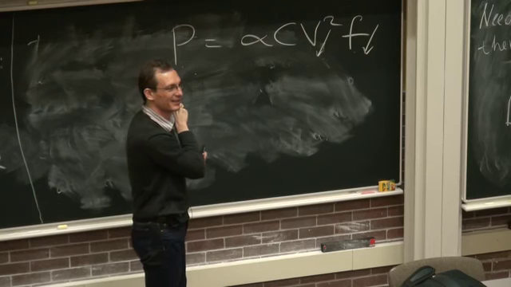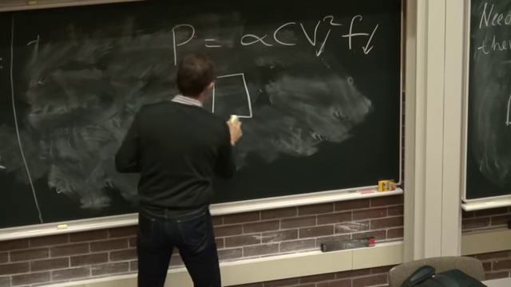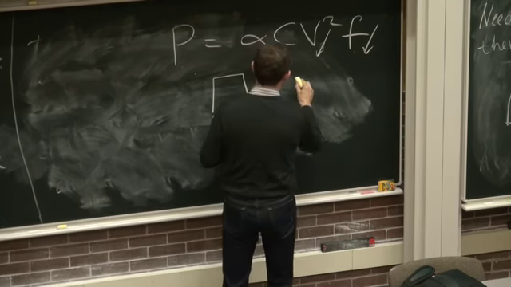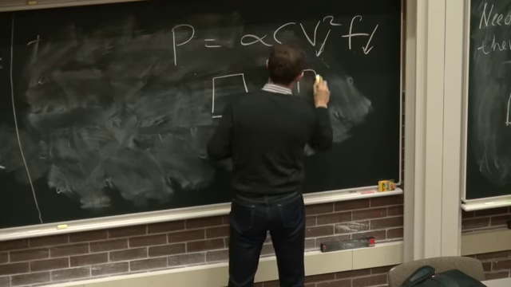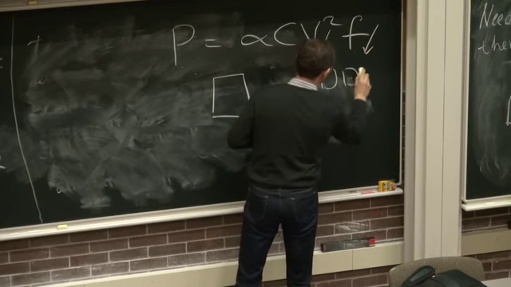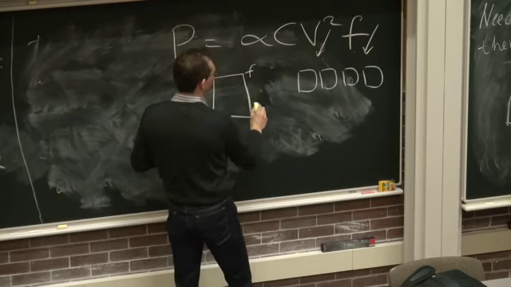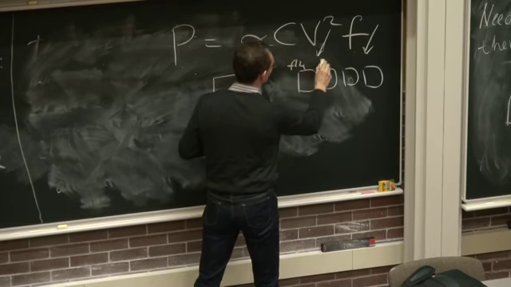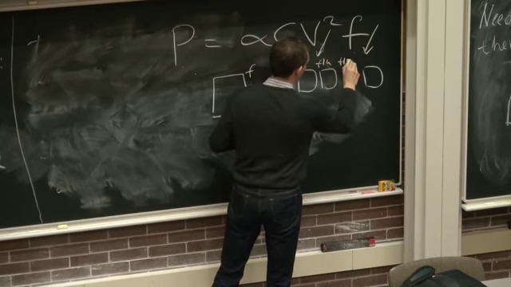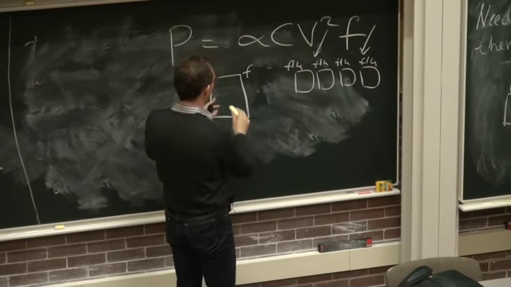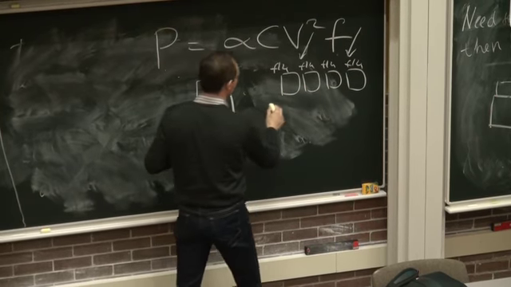So instead of designing one processor, you can have 4 wimpy processors. This runs at f. Each of these runs at f divided by 4. And you parallelize your program perfectly.